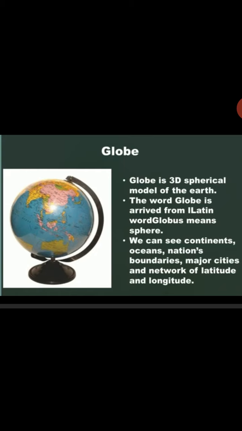Okay, but students, when you observe a globe, you can see only one side of it. As you can see in the picture also, you can see only one side of the globe; the other side we can't see. We have to roll the globe to see the other side. But in a map we can see the whole globe in a 2D model, right?